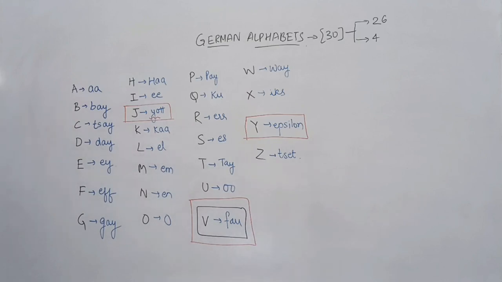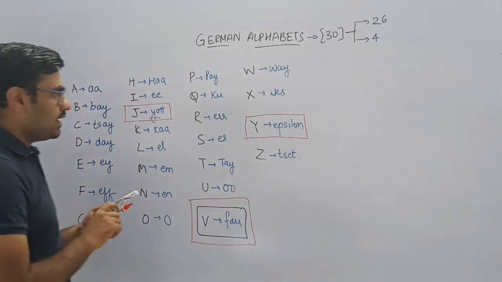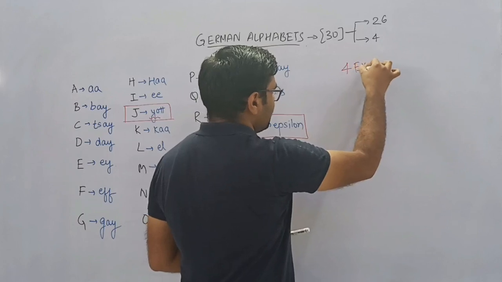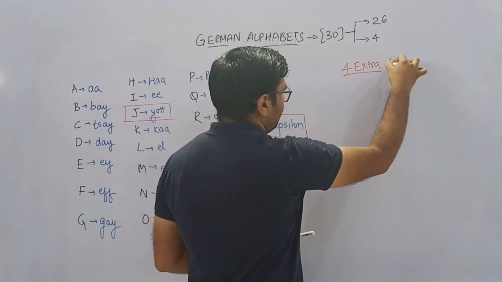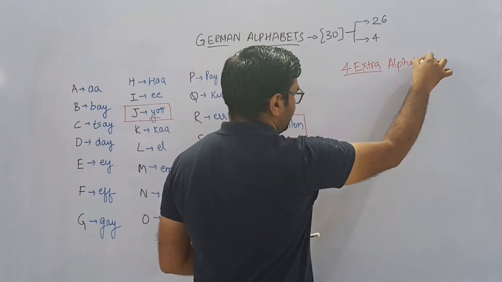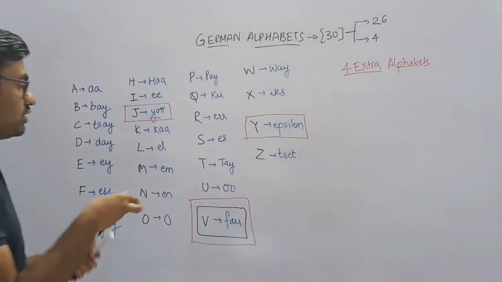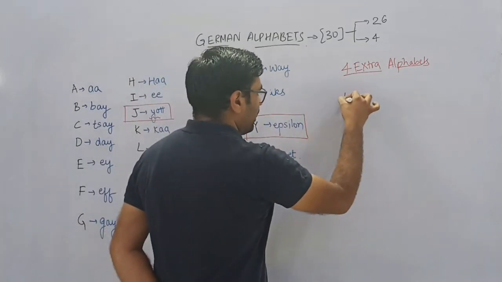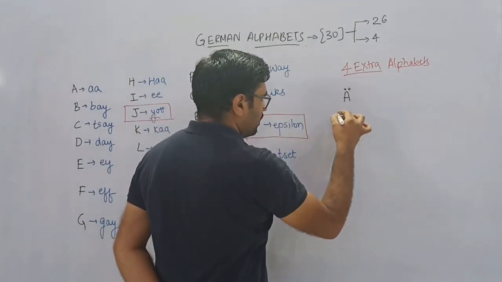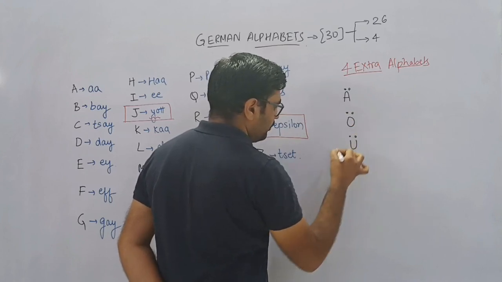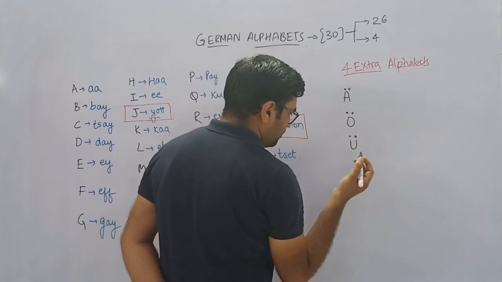After this, we have 4 extra letters, 4 extra alphabets apart from the English language. What are these 4 extra alphabets? The first one is A with double dot, the second one is O with double dot, the third one is U with double dot, and there is some beta kind of symbol.